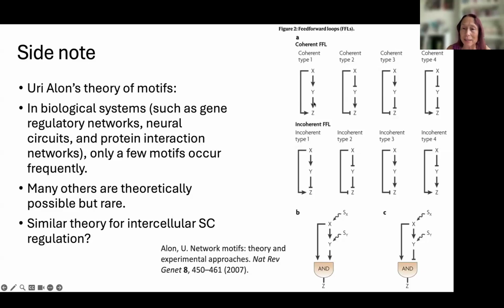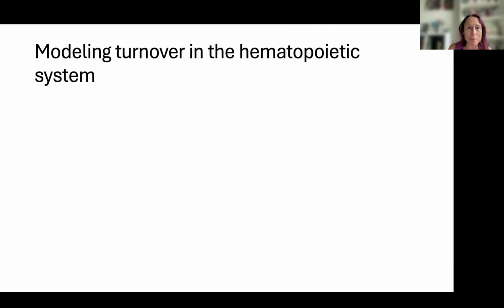Maybe a theory like this can be possible to develop as well. So when you study these things, it's nice to make a connection to wider areas of biology and see some common patterns, perhaps.